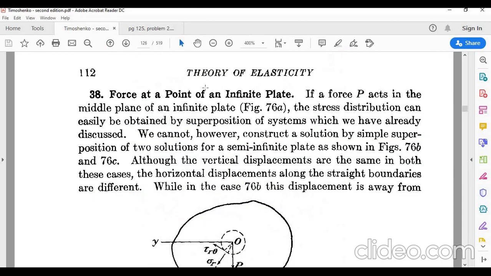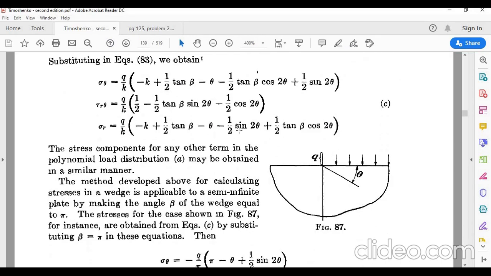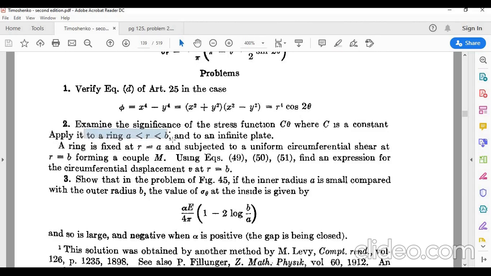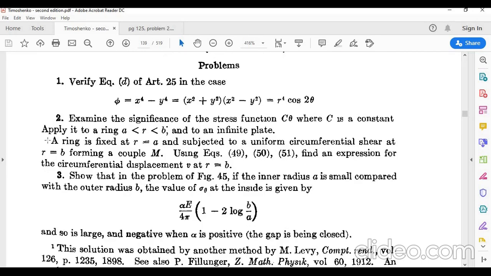Now coming to the second part of the question. This annular ring we will discuss, don't worry. The second part says that a ring is fixed at r equal to a and subjected to uniform circumferential shear at r equal to b, forming a couple. Using some equations, you have to find the expressions for displacements.